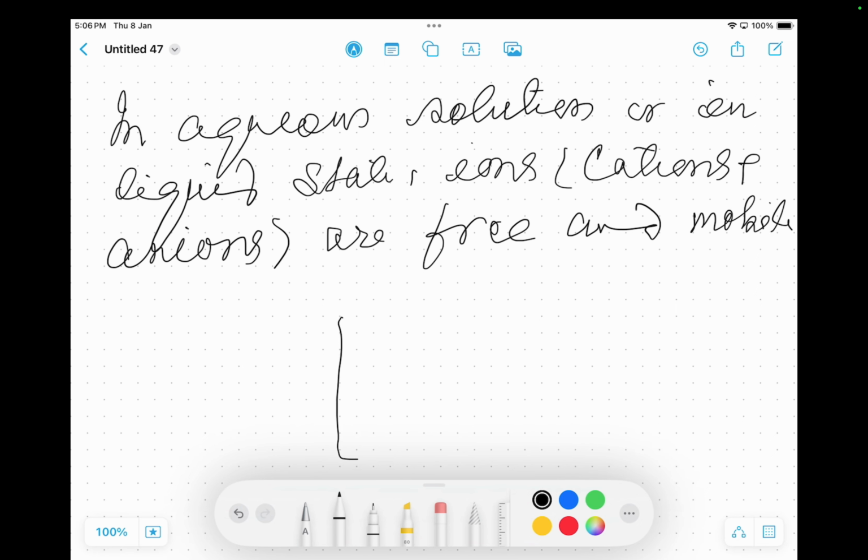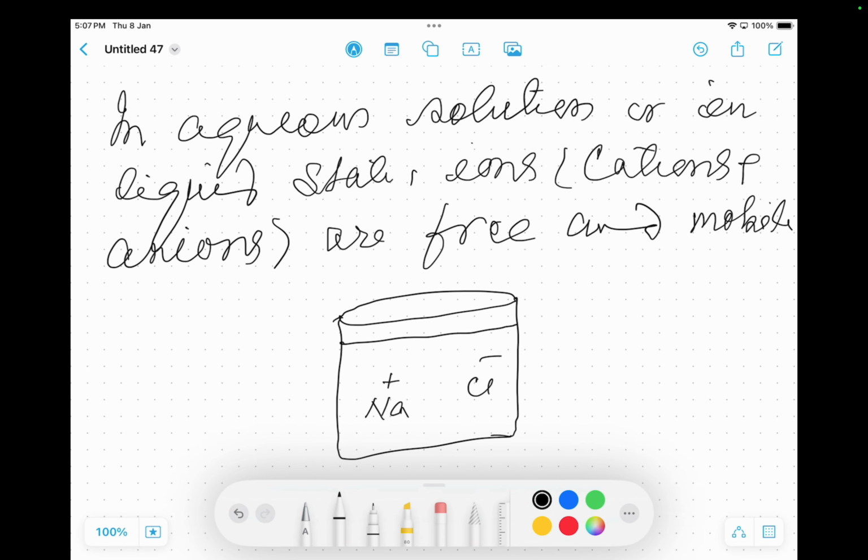When we take an aqueous solution of NaCl, Na plus and Cl minus are free in the aqueous solution, and therefore when voltage is applied to such a solution, the solution acts as a good conductor.